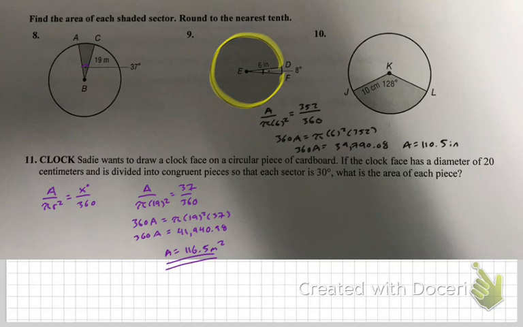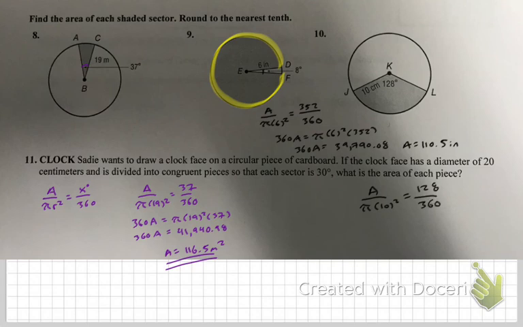And then let's go ahead and do our last one, number 10. Well, let's just do setup at least. So it says our arc measure is 128 because our central angle is 128. So we have area of our sector over area of our circle equals arc measure of our sector over 360.